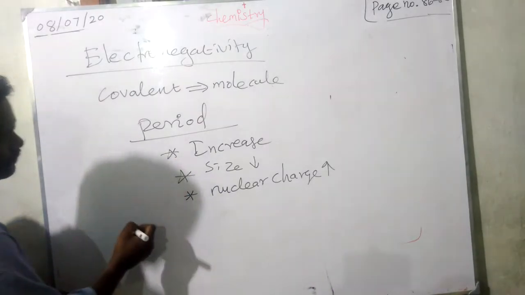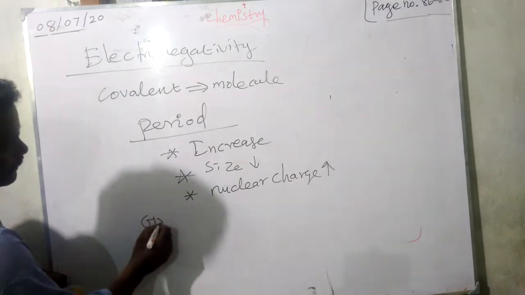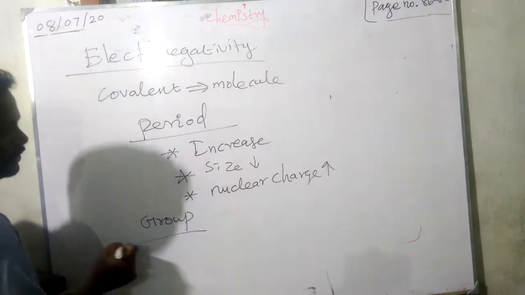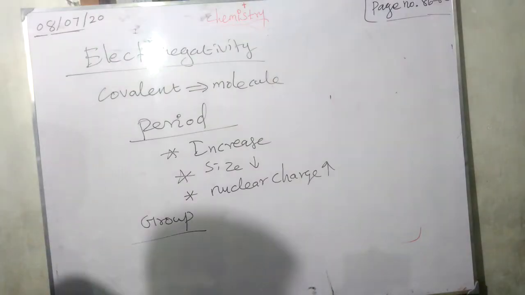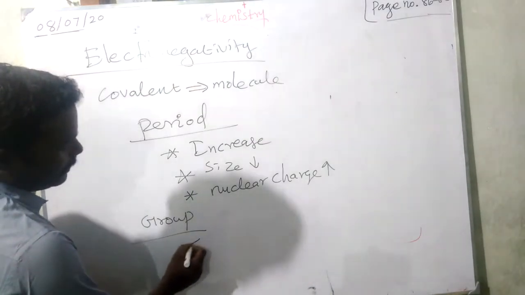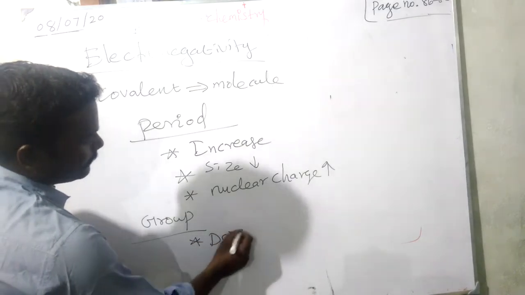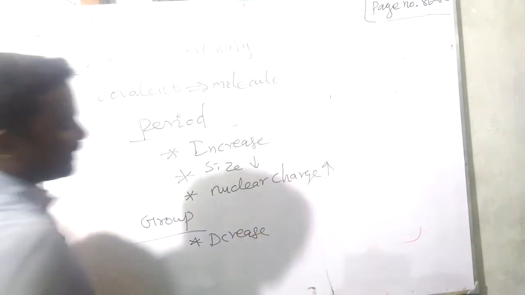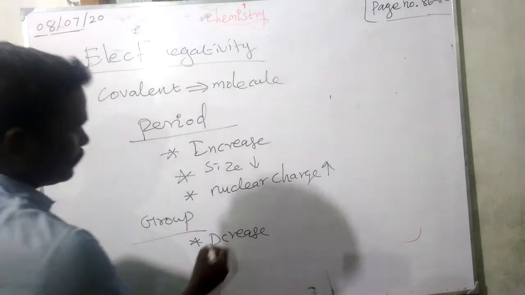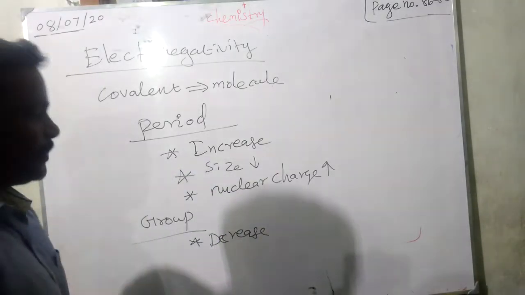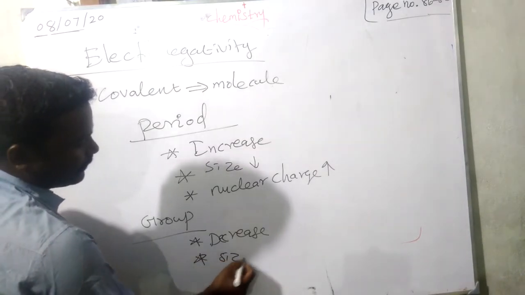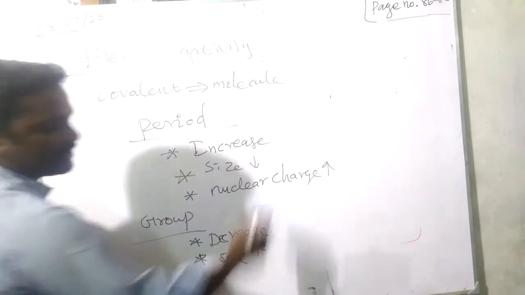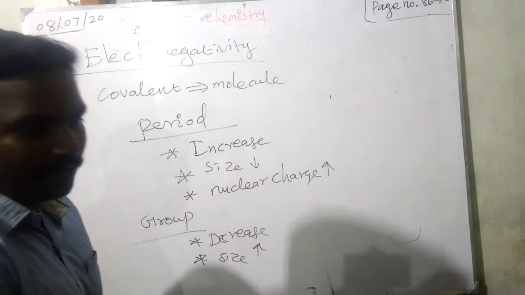Then group wise, in group wise electronegativity, if you find, it will decrease. Why is it decreasing? Opposite to this property, size increases because new shells are formed.